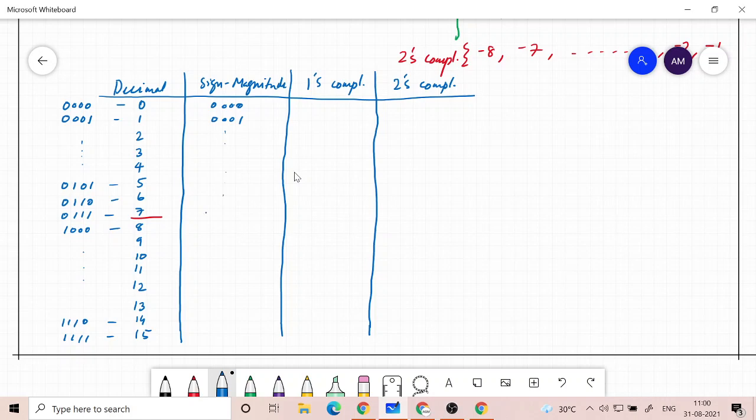And so 0 1 1 1 is plus 7, and the previous one, 0 1 1 0, is plus 6, this is plus 0, this is plus 1, etc.